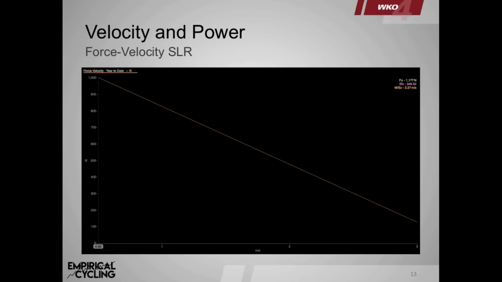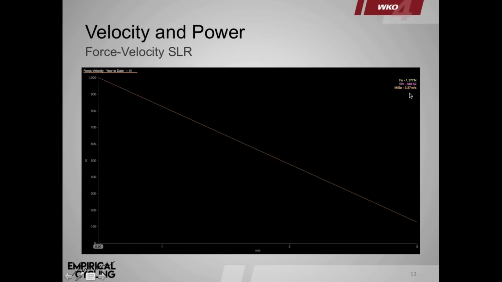But what I want to point out is in the upper right here, we have F naught, which is where the curve intercepts the y-axis. We have meters per second naught, which is where the curve intercepts the x-axis. We have SFV, the slope of the force velocity curve, which is just the slope of the SLR.